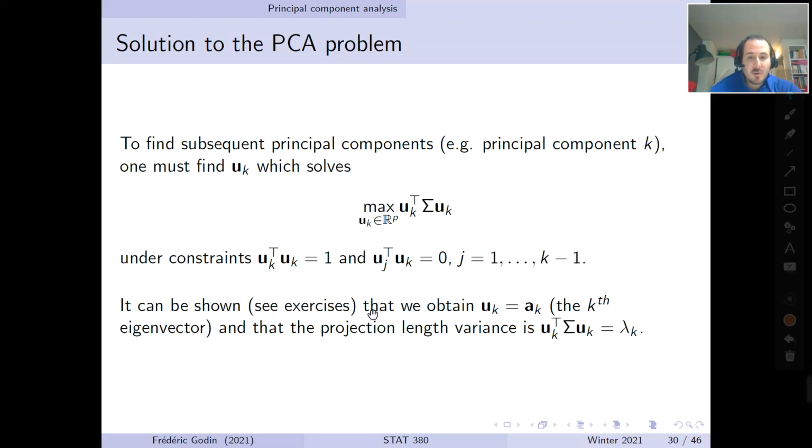We can then show that uk, the kth vector in the basis we're optimizing, is ak, the eigenvector of sigma which has the kth largest eigenvalue, and then the projection length when uk is equal to ak is simply lambda k, the kth largest eigenvalue associated with matrix sigma.